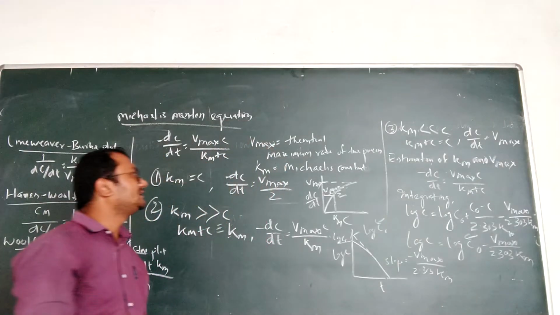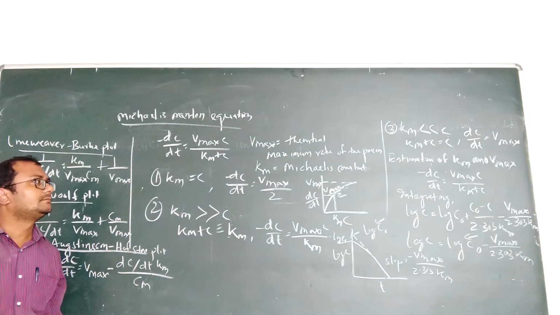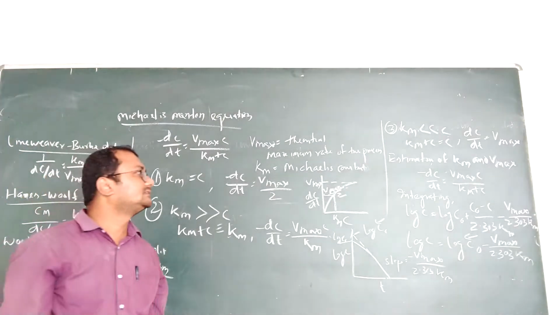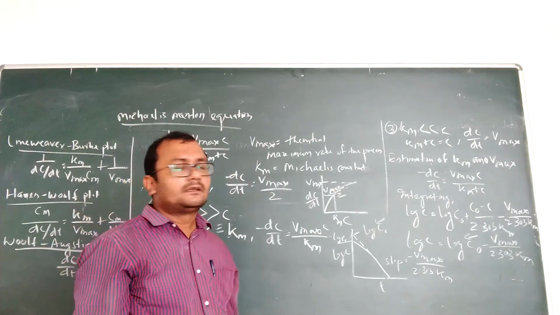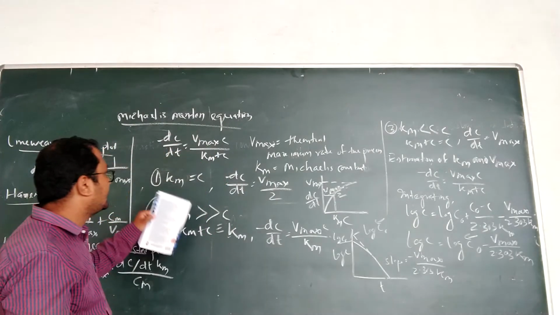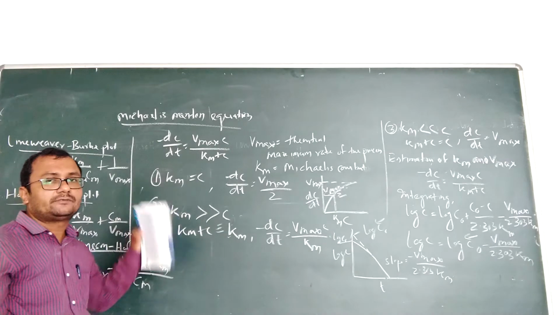Vmax is the theoretical maximum rate of the process, and Km is the Michaelis constant.